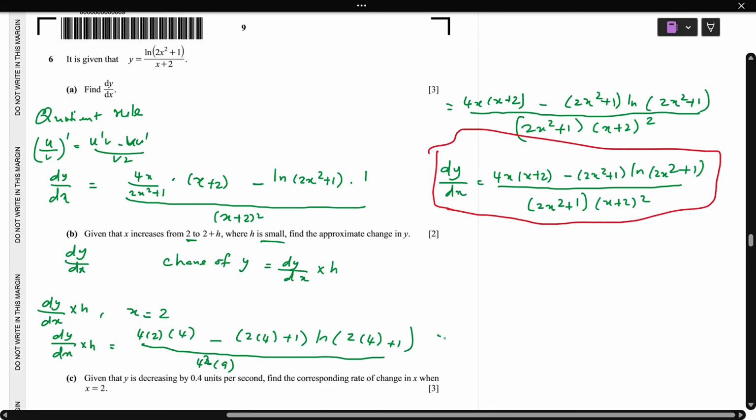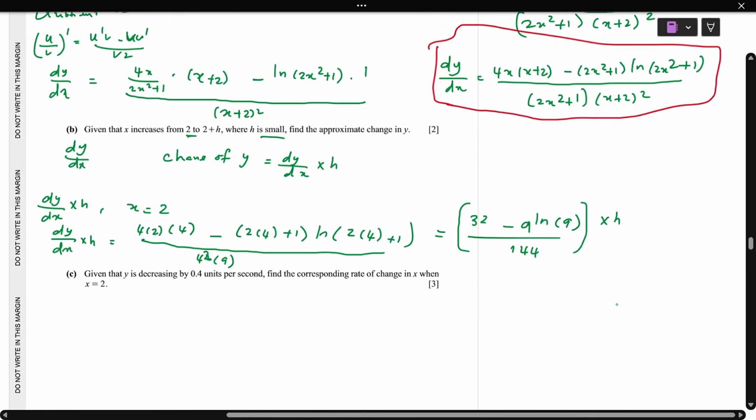Which is equal to 32 minus 9 natural log of 9, over 16 times 9, which is 144, into h. So this is the final answer.